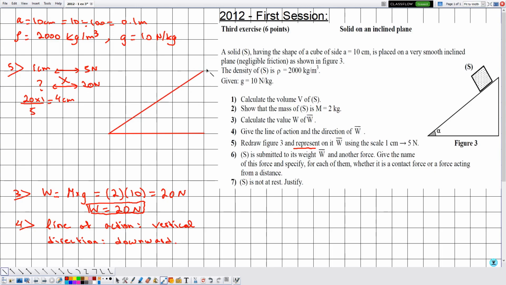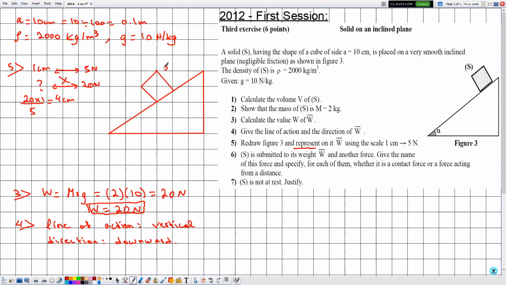So this is the inclined plane. This is the solid S. And let's suppose that this point represents the center of gravity of the solid S, which is G, because we know that the weight acts on the center of gravity vertically downward.